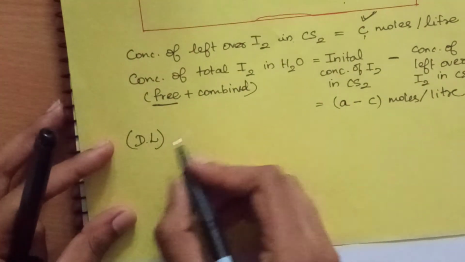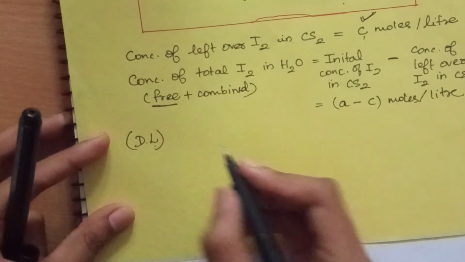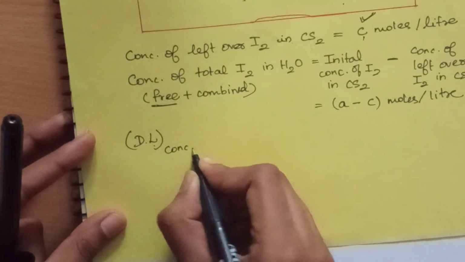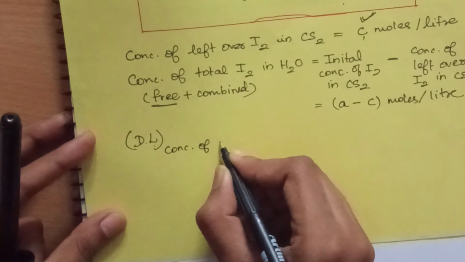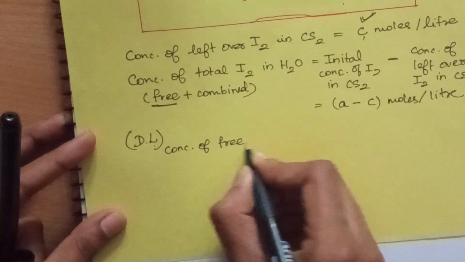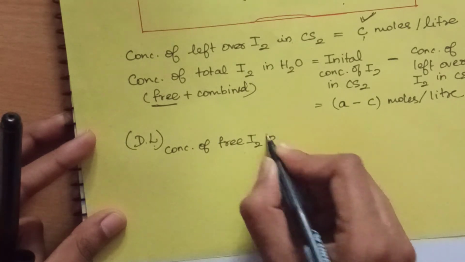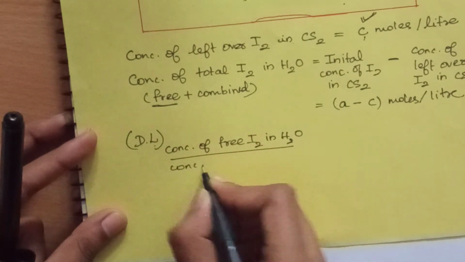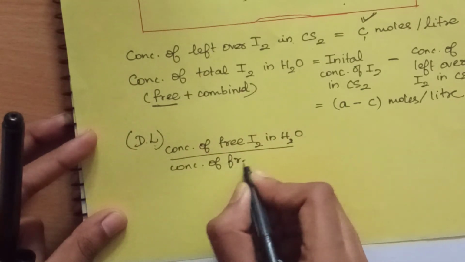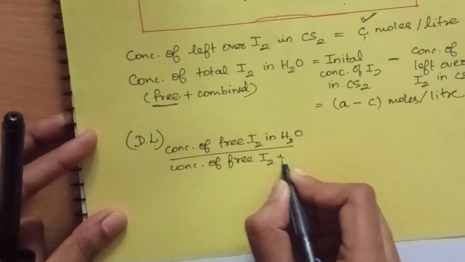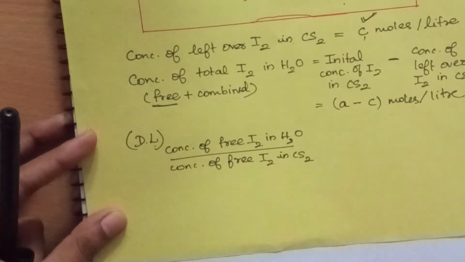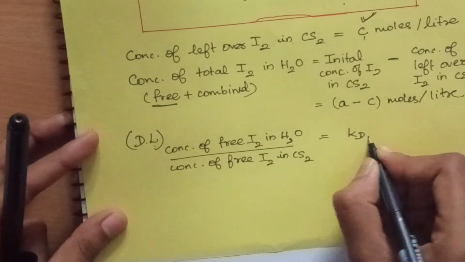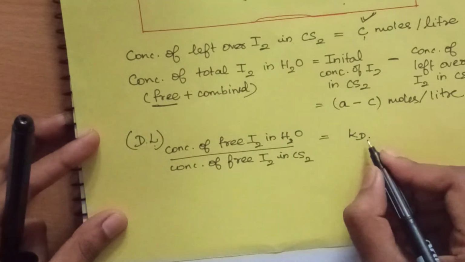So according to the distribution law, abbreviated as DL, the concentration of free iodine in the aqueous layer divided by the concentration of free iodine in the carbon disulfide layer is equal to a constant. You can keep it as K itself.